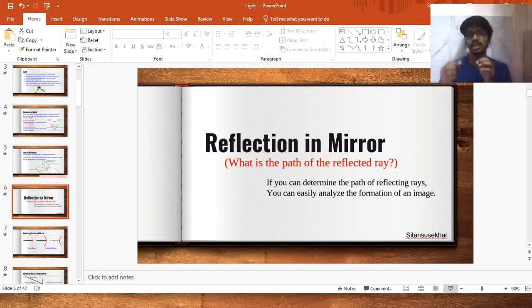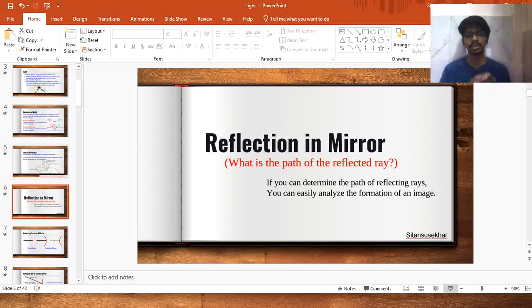But to find that intersection point, you need to understand the path through which the reflected ray will travel. For the given incident ray, what will be the path of the reflected ray? That is the particular objective of this lecture. So let us have a discussion.